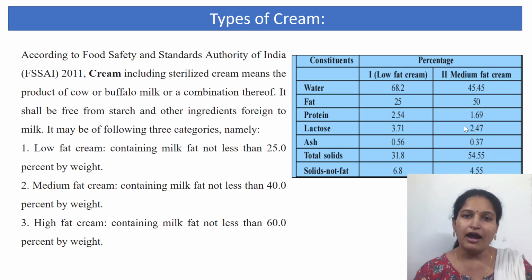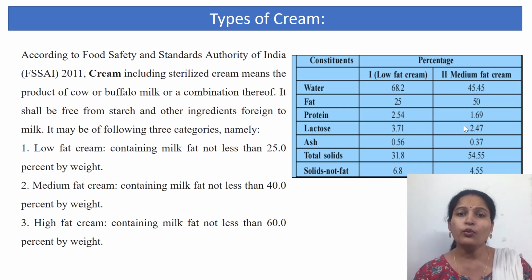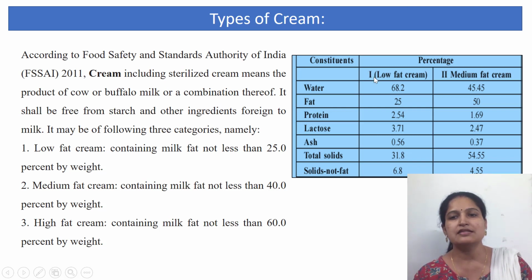as high fat cream. Now we can see what are the constituents of low fat cream and a medium fat cream. There is majorly the difference of fat and the water percentage. As we can see from here, in low fat cream water percentage is 68.2%, while in medium fat cream it is around 45.45%.